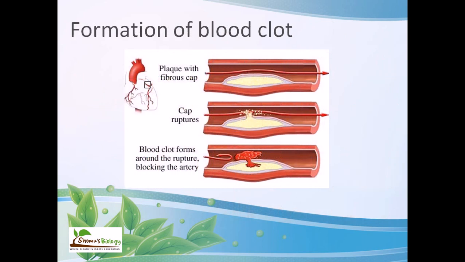Now here we depicted how the blood clot actually forms. As I've told you, the blood clot forms at the terminal and final stages, because at the beginning only plaques start to form. The plaques are simply fibrous caps that start to form there.